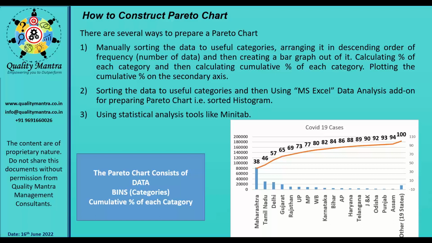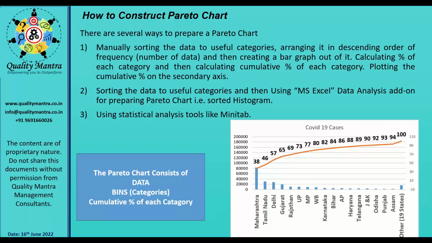Or you can sort the data into useful categories, and then using the MS Excel data analysis add-on, you can prepare the Pareto chart that is called the sorted histogram. But in that you will not get the cumulative percentage line, it will be difficult. We will try that, and you can also do it using a statistical analysis tool like Minitab.